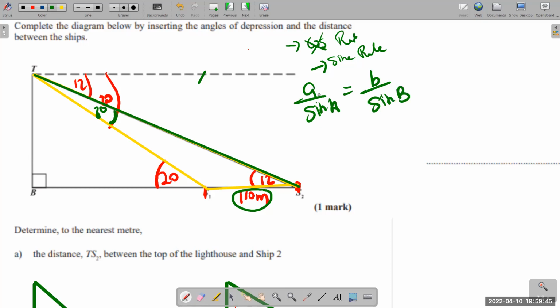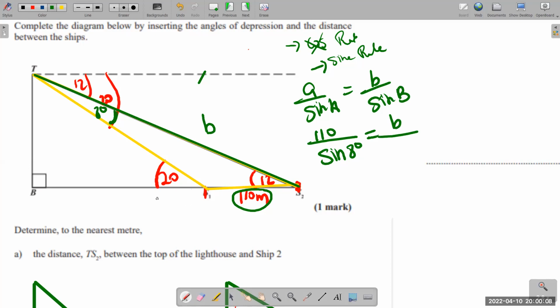So let's go. I have A, because A would be 110. Agree or disagree? Over sine 8 degrees, equals, I need something else. What is the side we want? This side, right? So let's call this B. Did they give me angle B?